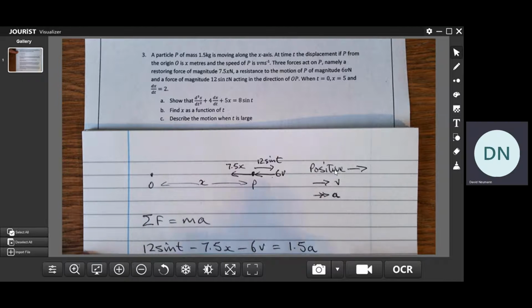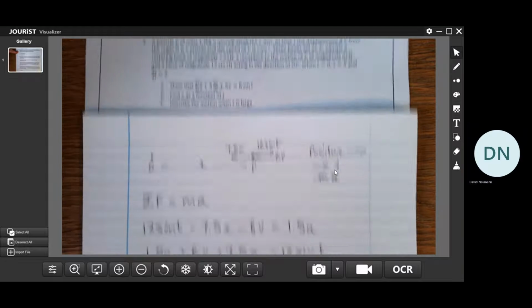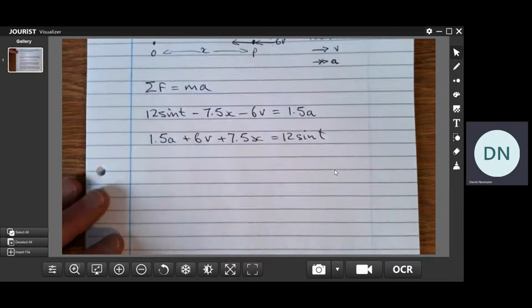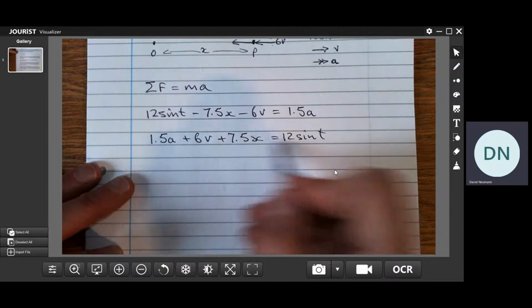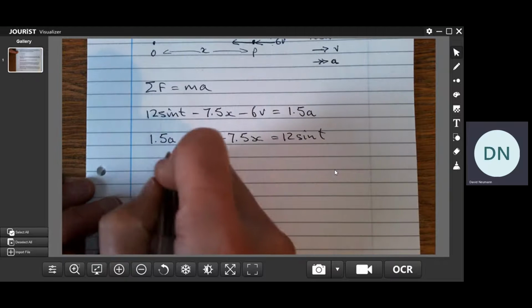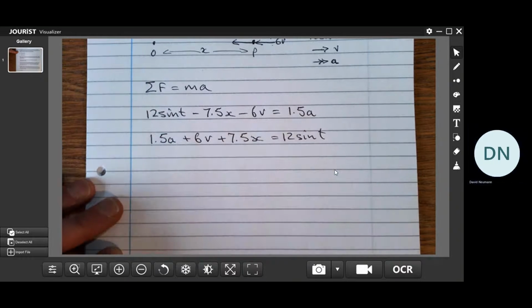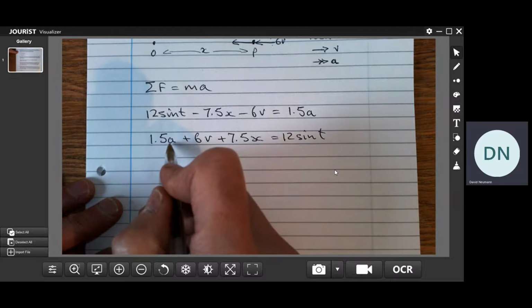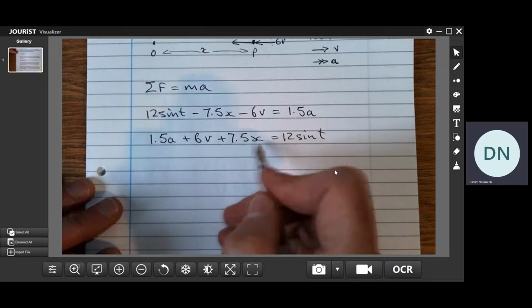So if we rearrange these, we've got 1.5a plus 6v plus 7.5x is equal to 12 sin t. Let's write a as d2x by dt squared, v as dx by dt.